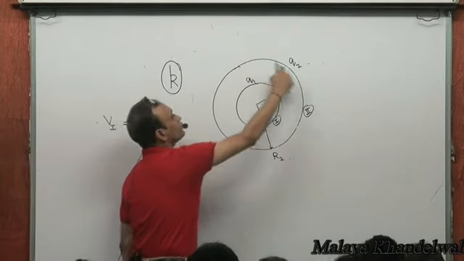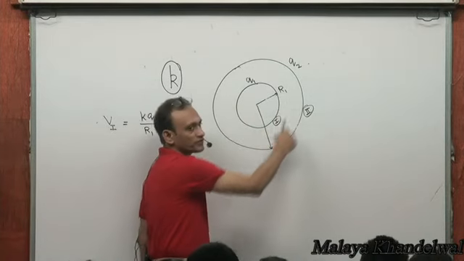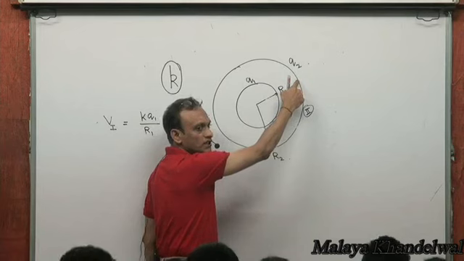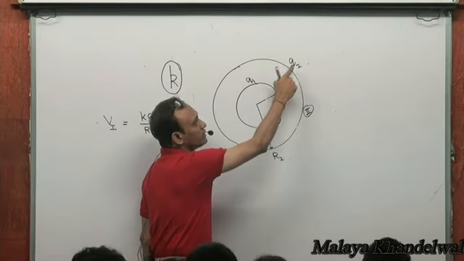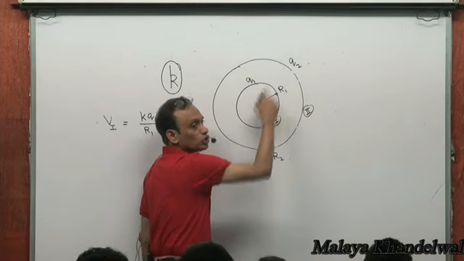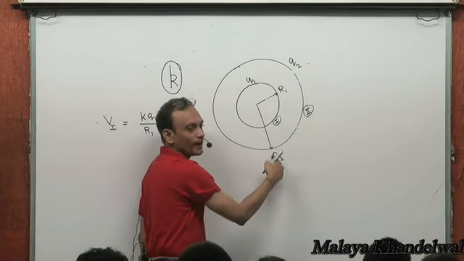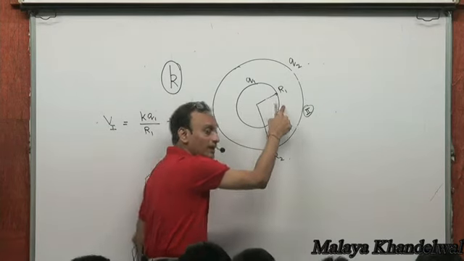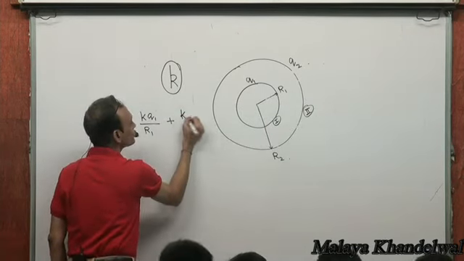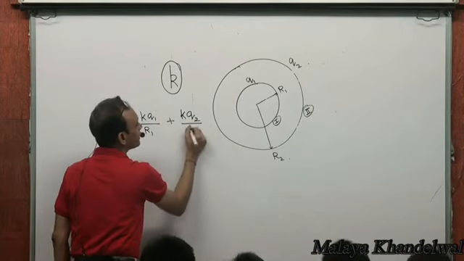Now, if q2 is uniformly distributed on the surface, the potential anywhere inside is the same as on its surface, which is k q2 by r2. So the potential on 1 because of q2 is k q2 by r2.